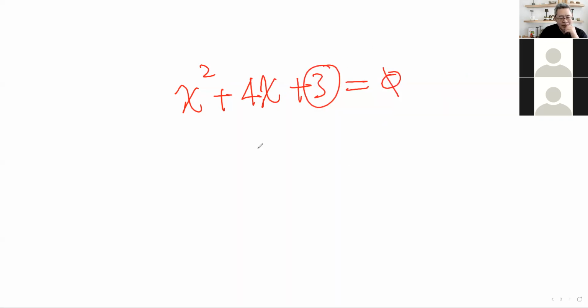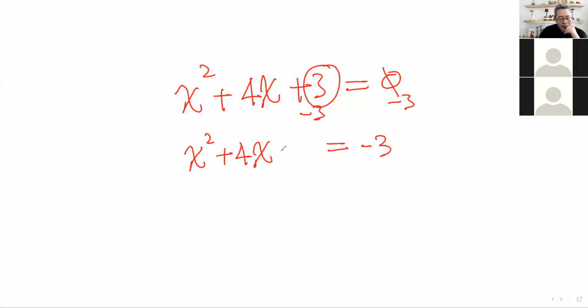Like for example, x squared plus 4x plus 3. So what we're going to do is move this number over to the other side. So we can do x squared plus 4x equals, we basically subtract 3 on both sides.